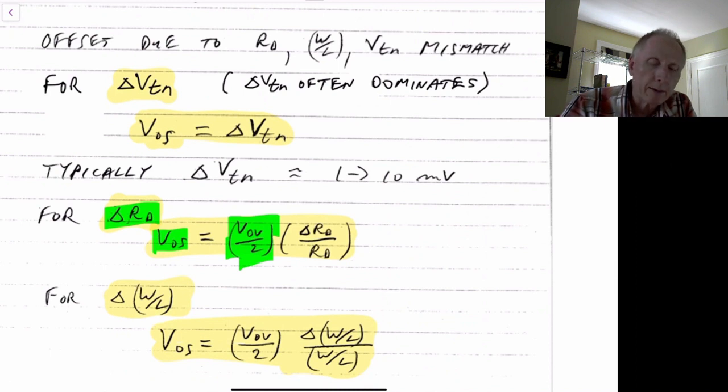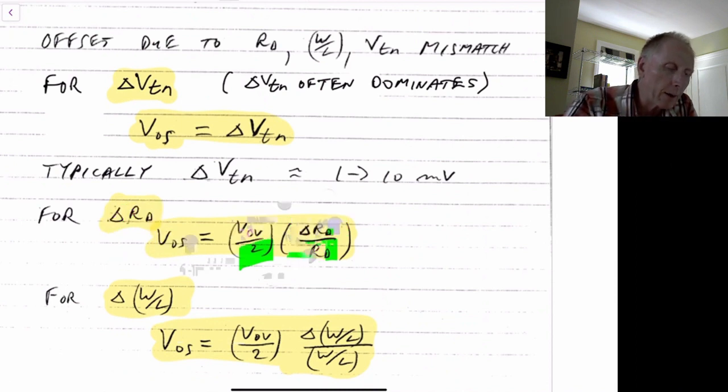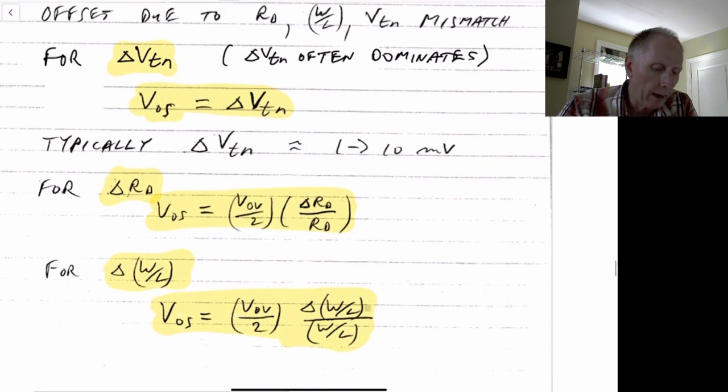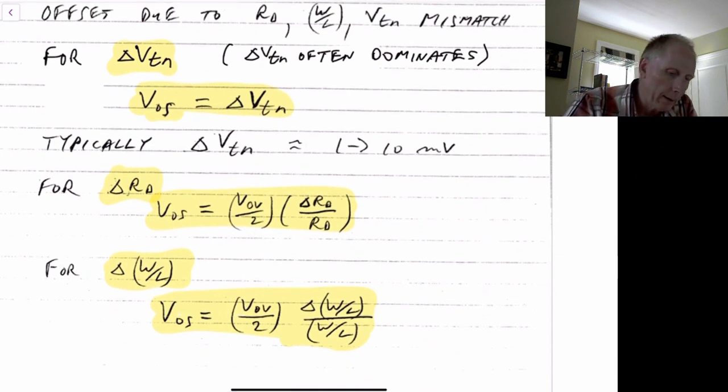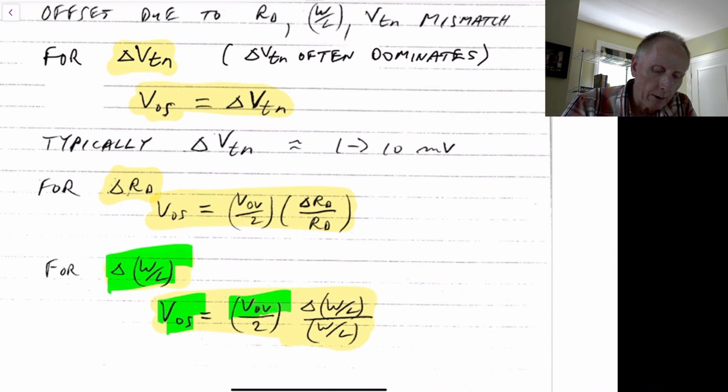And we'll just state this and not derive it. Similarly, we'll state the result for a change in the delta W over L. If we have a difference between the two transistors, M1 and M2, then the input offset is again related to the overdrive voltage divided by 2 times delta W over L divided by W over L.